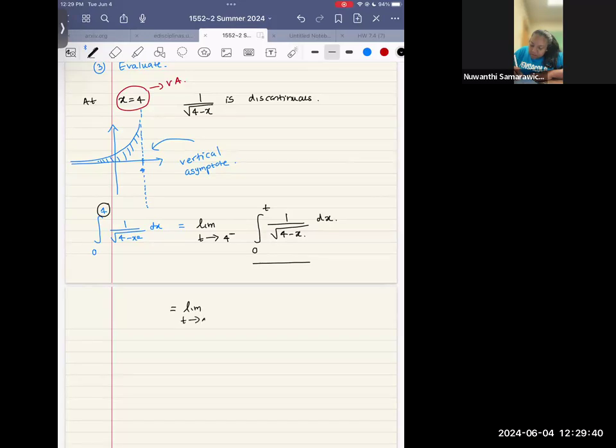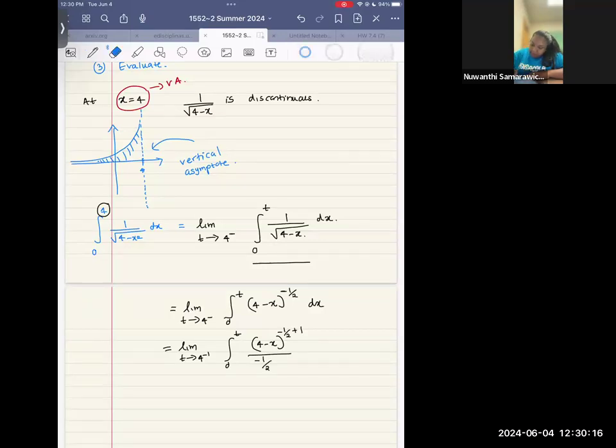So this is t goes to 4 from the left hand side. We can write it as a negative exponent, that is 4 minus x to the power negative half, because square root is half. And then we can use the power rule, right? So we can use the power rule, and then we write the next step, 0 to t, 4 minus x to the power negative half plus 1.